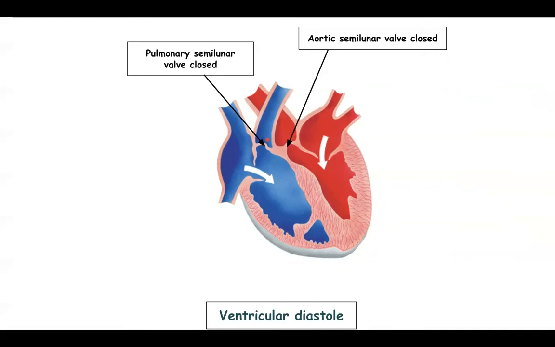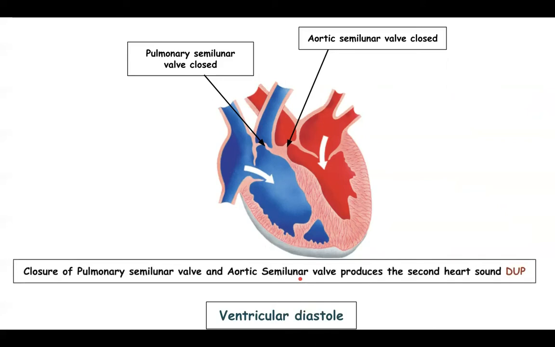When these two valves close at the beginning of ventricular diastole, it produces the second heart sound, which you call as dup.